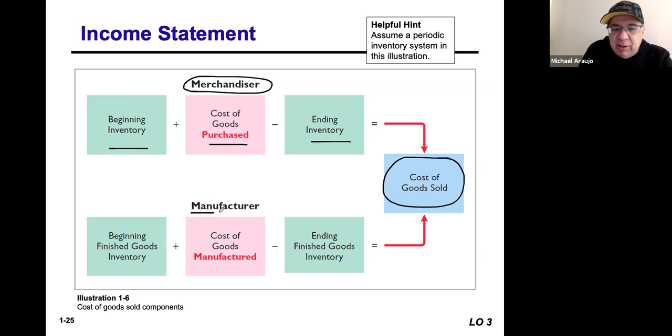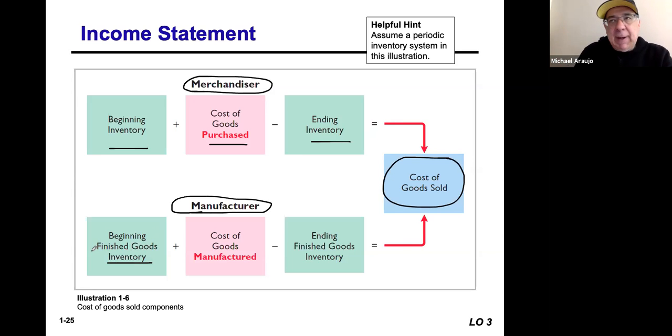In managerial accounting, we're looking at things from the manufacturer's perspective, the company that's actually making the product. Here they have something called beginning finished goods inventory. To be a finished good, it's ready for sale to another retailer.